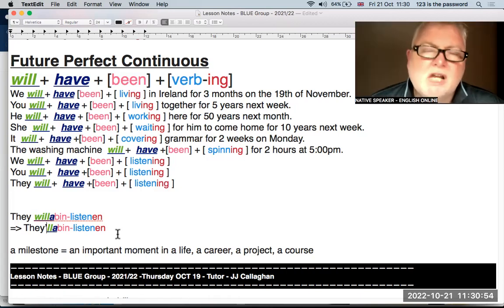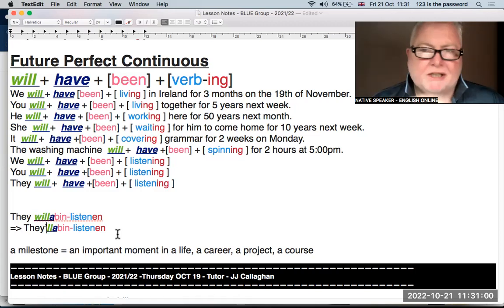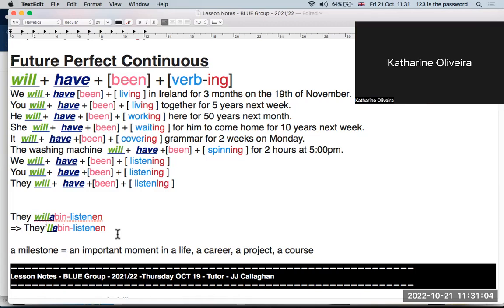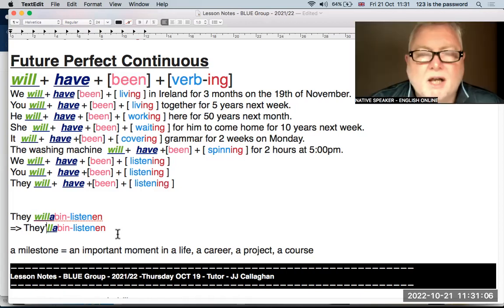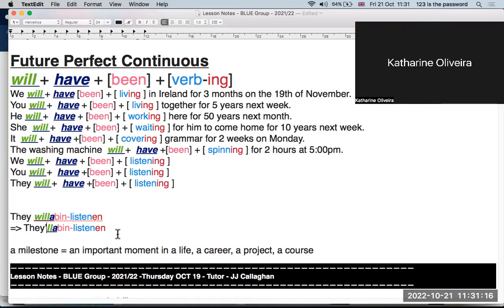Good. Now get your mouth around it. Get in there and bite it again and taste it and do it again. They'll have been listening. Again now. They'll have been listening. And see every time how much better that's getting. Katerina sounding more and more fluent. Do it again. They'll have been listening. Good.